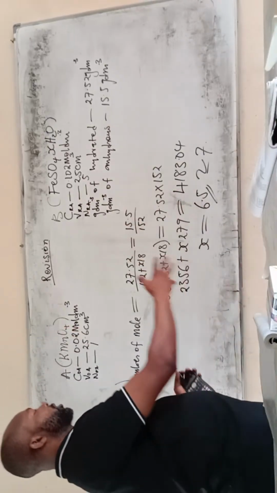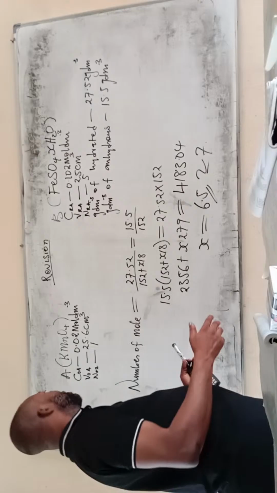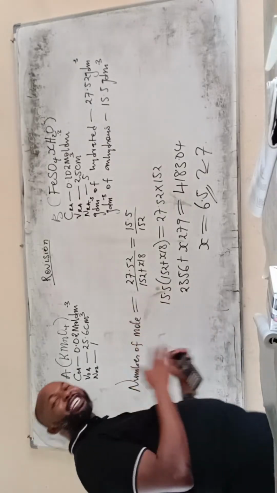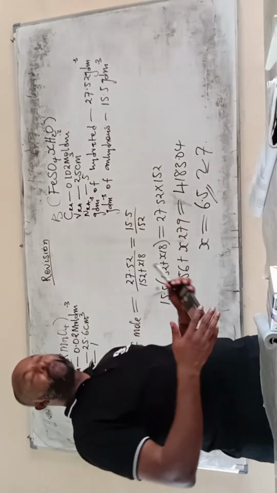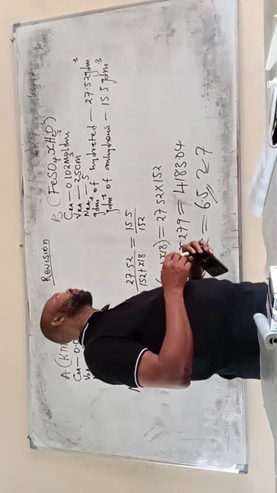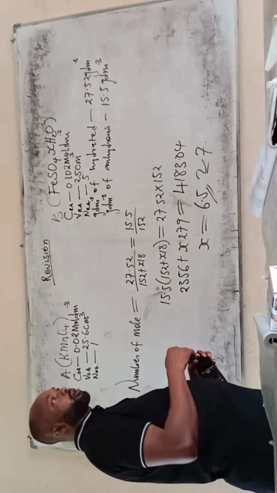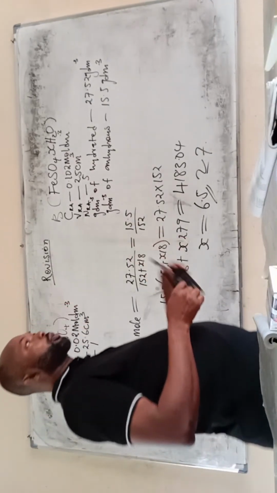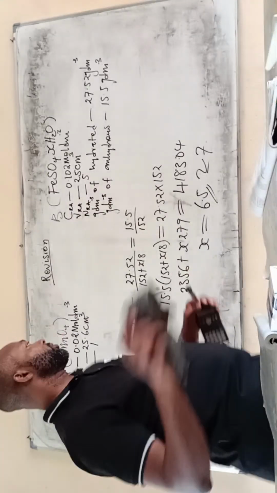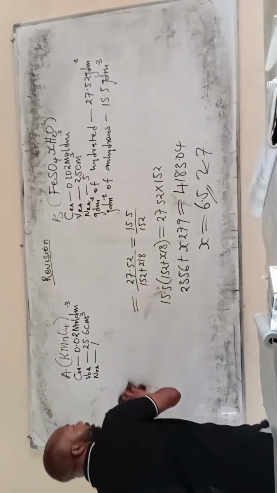So if that is correct, which it is, we have to now calculate the percentage of water of crystallization. That is where they are taking us. So let's go further to do that. I want to take this out so we can calculate our percentage. So here we go.